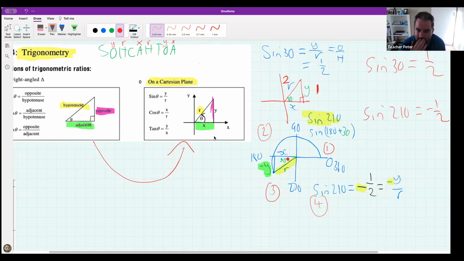Give me a thumbs down if you don't follow that basic idea. Okay, so basically, it's still the same 30-degree triangle. It's just that the quadrant it's in is different. The lengths are still the same, but the value is negative because it's in that quadrant. Okay, now we're going to explore that lots in the next lesson.